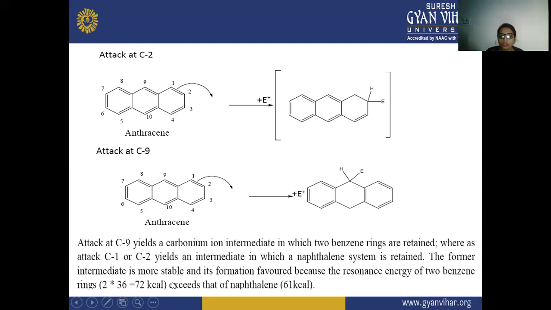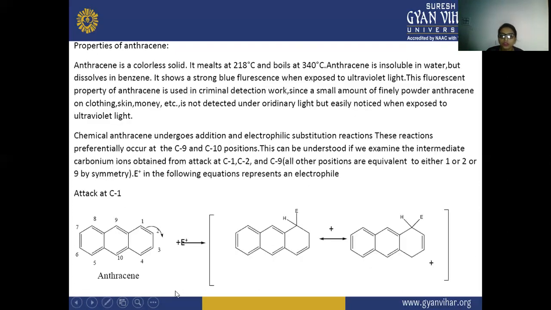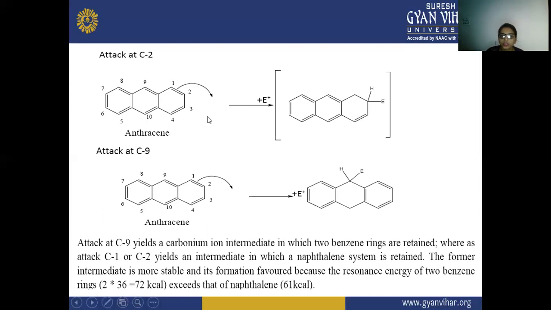Whereas the attack on C1 and C2 gives an intermediate in which a naphthalene system is retained. Here you can see in the C1 attack, this is the naphthalene ring retained. In the C2 also, when this electrophile is attacking the C2 position, the naphthalene ring is also retained.